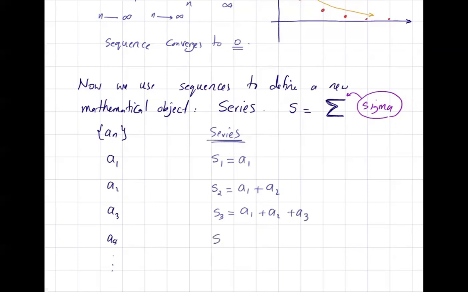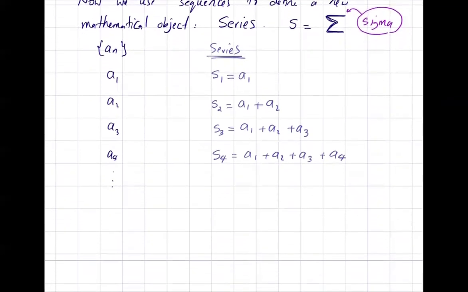The fourth term of the series is S sub 4, a sub 1 plus a sub 2 plus a sub 3 plus a sub 4. And you continue this process from a sequence to a series. So S sub n is a1 plus a2 plus a3 plus a4 plus a5 plus up to a sub n.